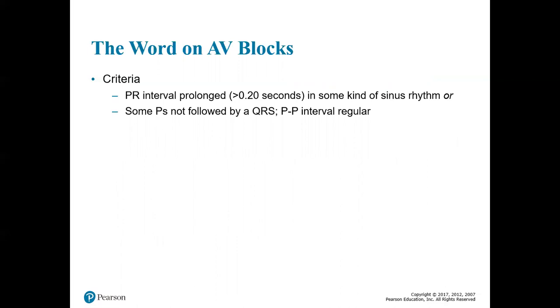The criteria for your AV blocks is a prolonged PR interval greater than 0.20 seconds, or some P's that are not followed by a QRS, and regular P to P intervals.